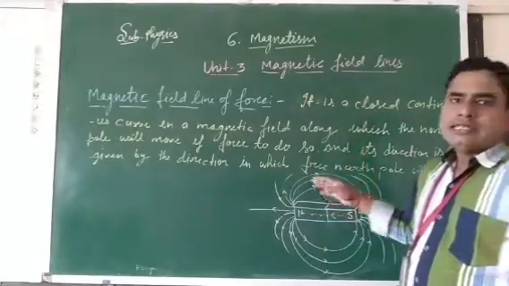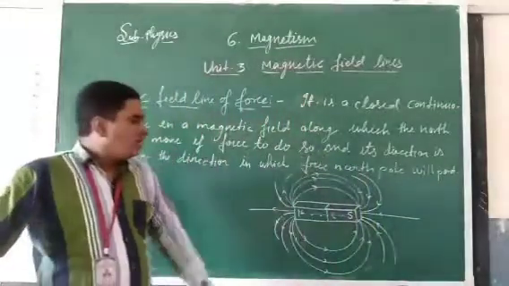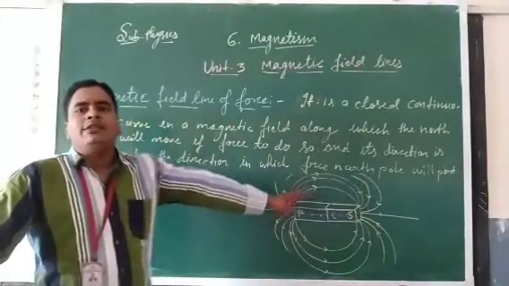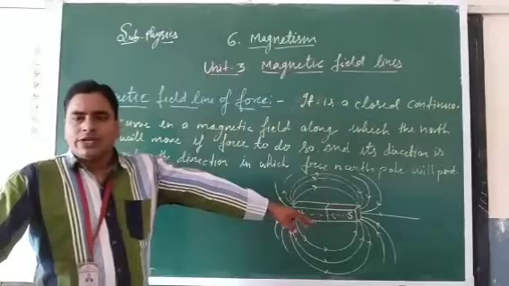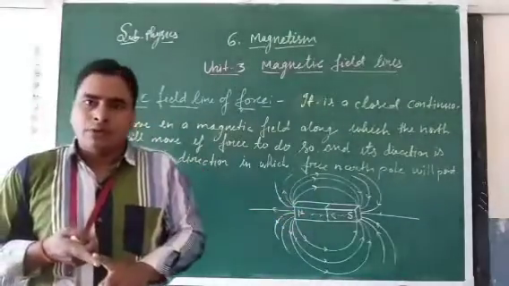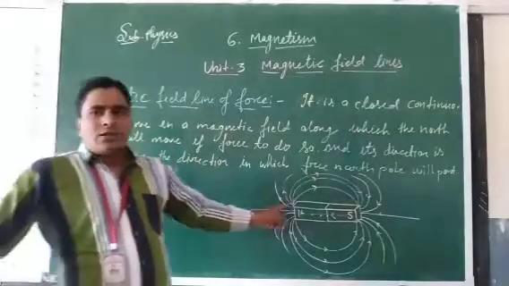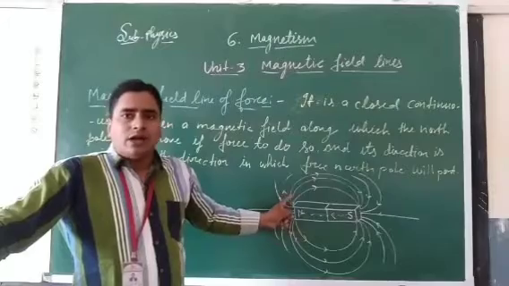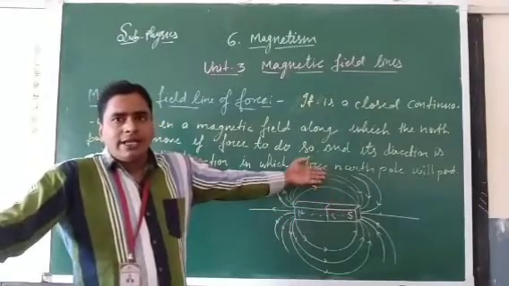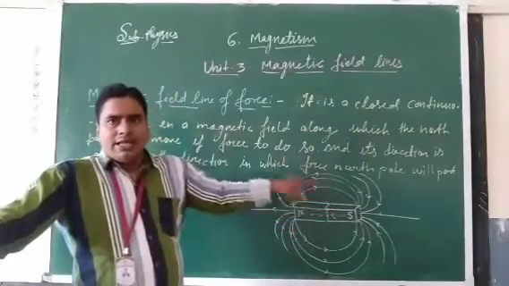Clear? So these are some properties of the magnetic field lines of force, which originate from the north pole and end at the south pole. Okay, students, they will never intersect each other. They will always start from the north pole and end at the south pole. The direction of the magnetic field lines is always from north to south outside the magnet, and from south to north inside the magnet. Clear?